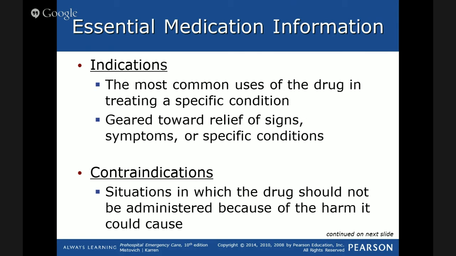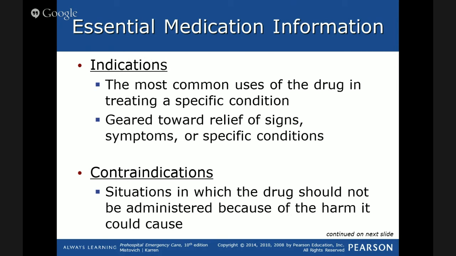Indications are the most common uses of the drug in treating a specific condition. They are geared toward relief of the signs and symptoms of specific conditions, or the actual condition itself. So, for instance, the indication for nitroglycerin is going to be what? Chest pain, right? That we believe to be cardiac in nature. We got a little caveat on there, but chest pain, we'll take it for now.